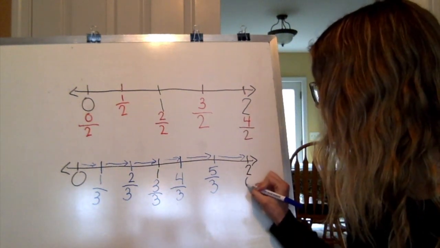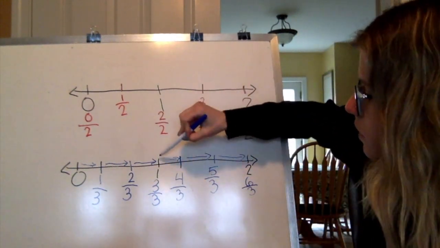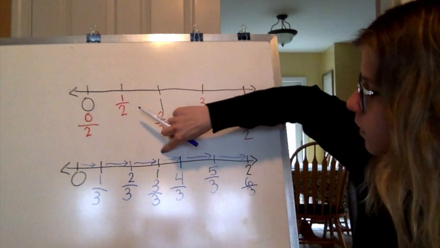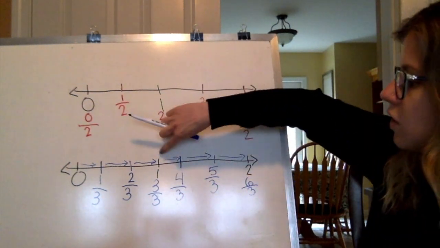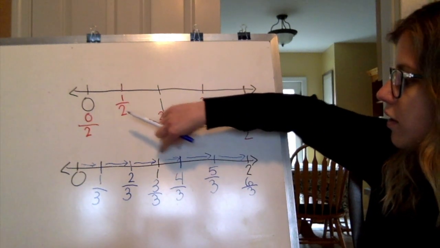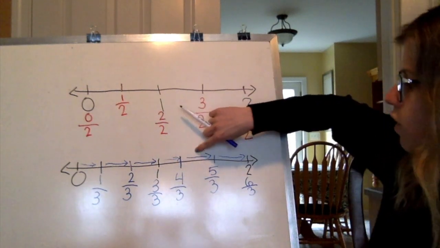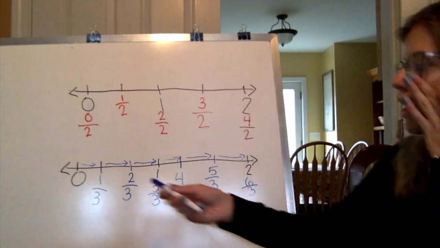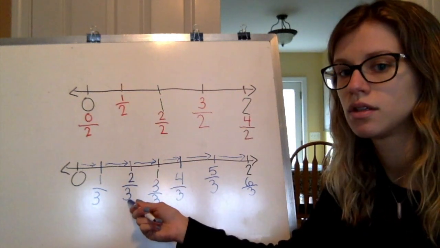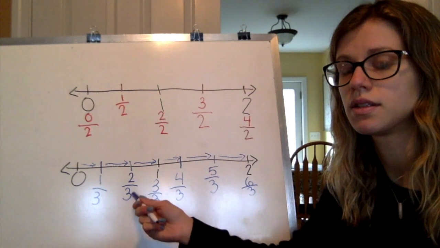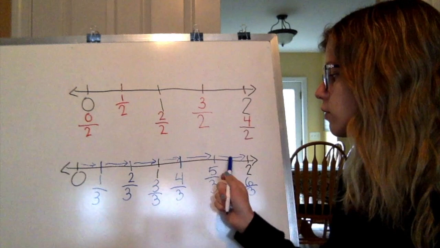It would be 6/3. And again, I'm going to check. So this is 1 whole. This is another whole, but I'm continuing on. So I see that here I have 1, 2, 3 parts, and still 1, 2, 3 parts. I need to make sure that my number line is broken up into the amount of parts, or my whole, that it says. So it's broken up into 1, 2, 3 parts, and 1, 2, 3 parts.